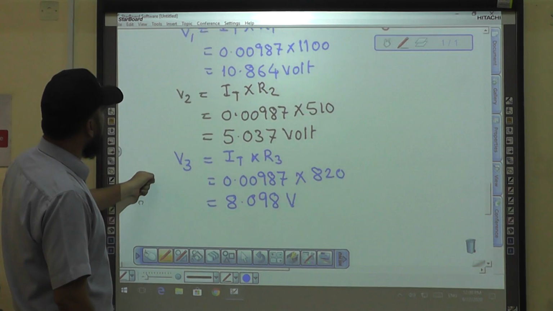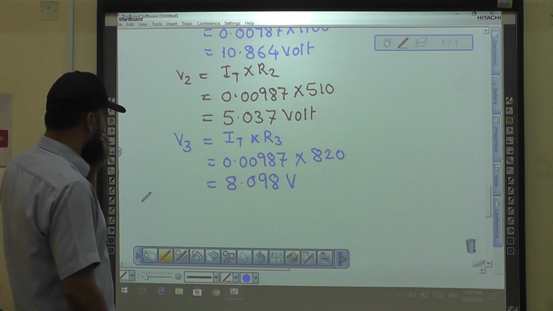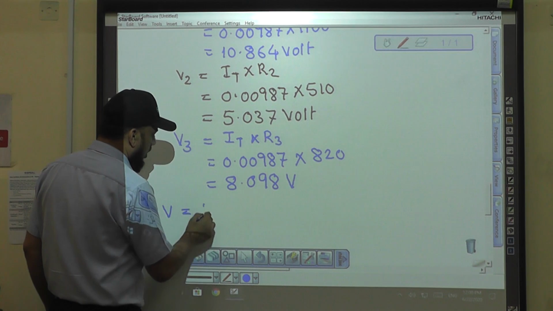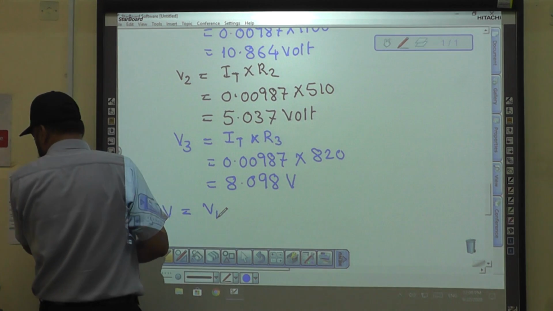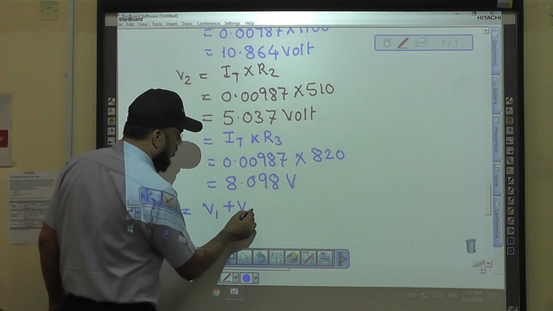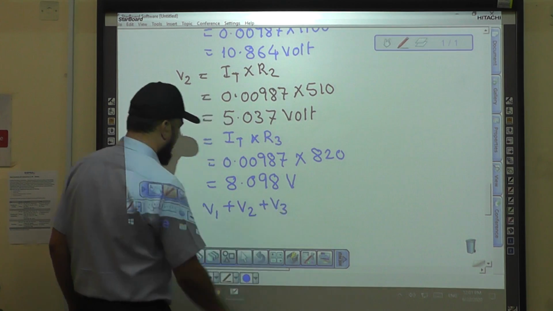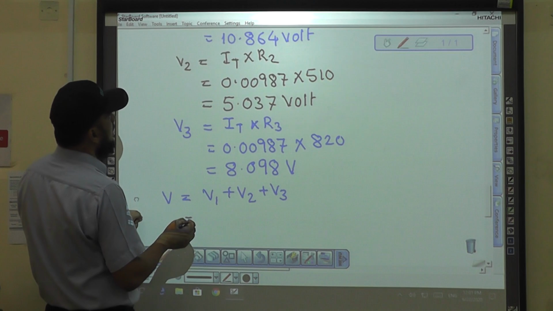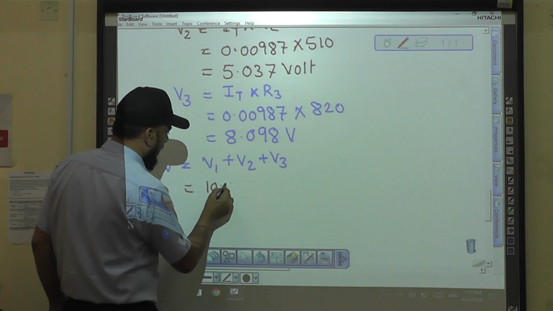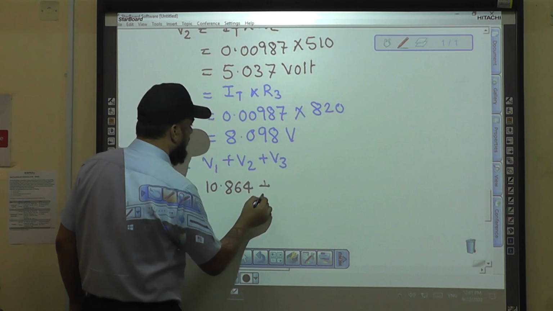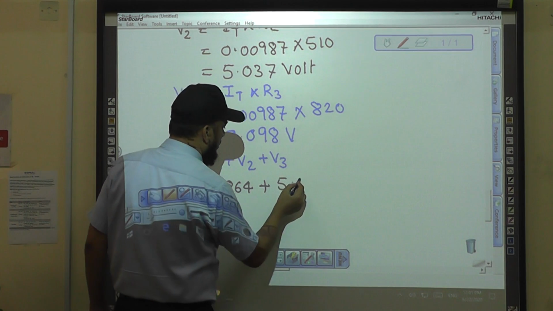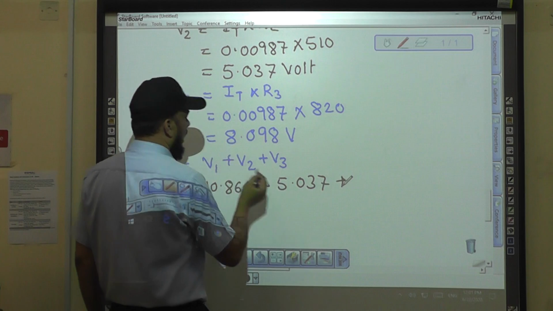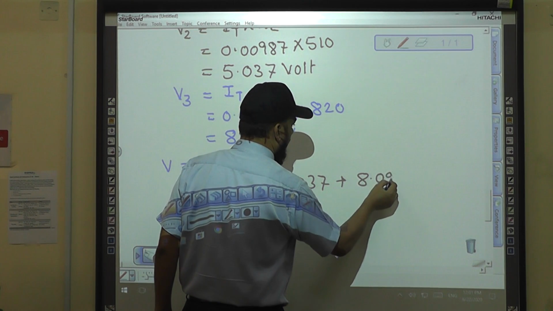Now we have to check whether these voltages are correct or wrong. For that we need to check that the source voltage should be equal to V1 plus V2 plus V3. So one by one we will write the answer. V1, 10.864, plus 5.037, plus 8.098.